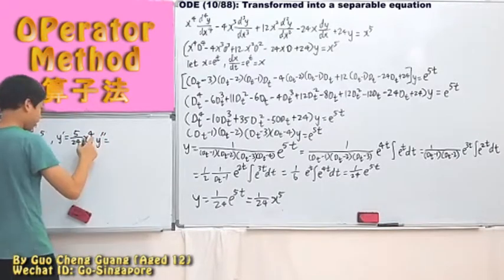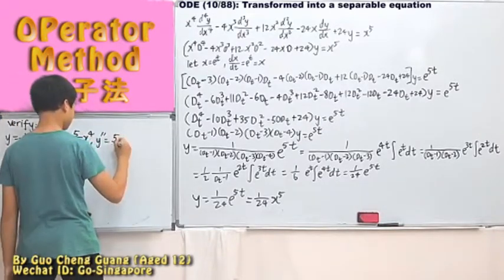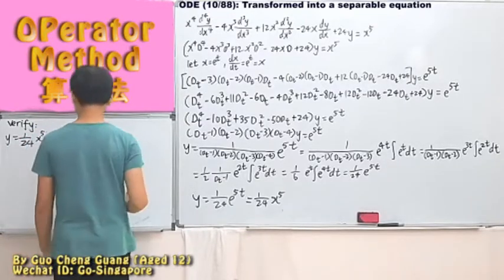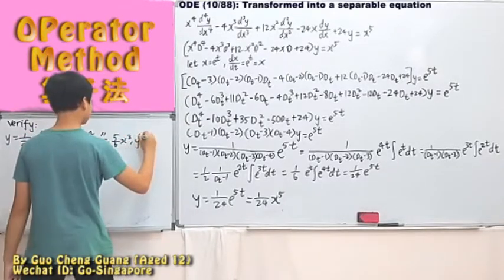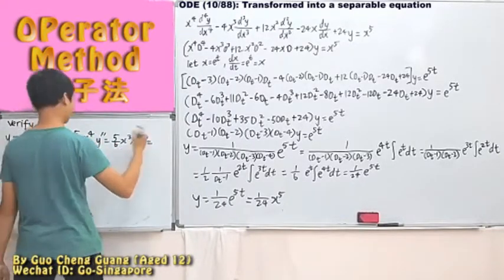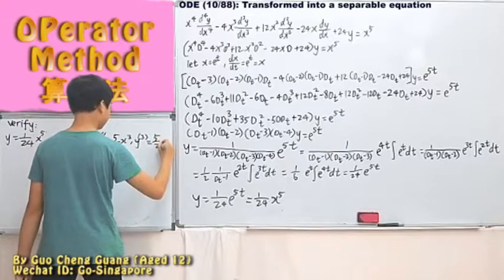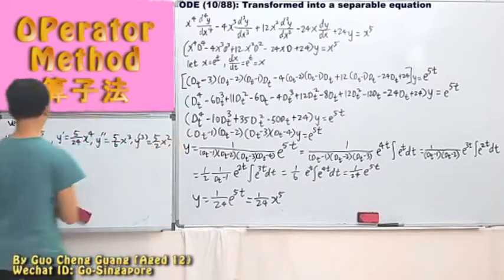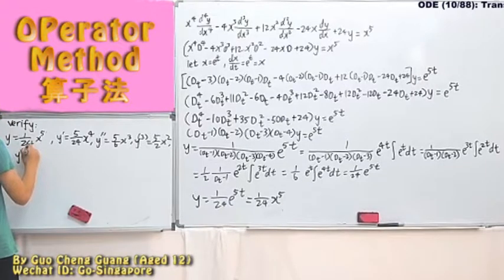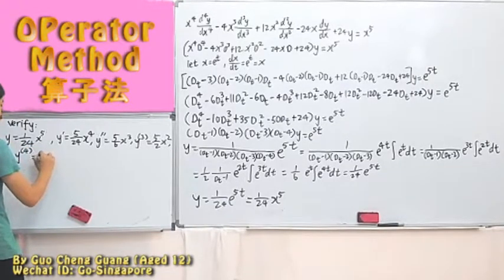So second derivative here comes down 5 over 6. Then we get x cubed. Now after that will be third derivative. Third derivative here, another time differentiate. You get 5 over 2, the x squared. After that will be fourth derivative, you get 5x. Okay, so that's what you will get here.